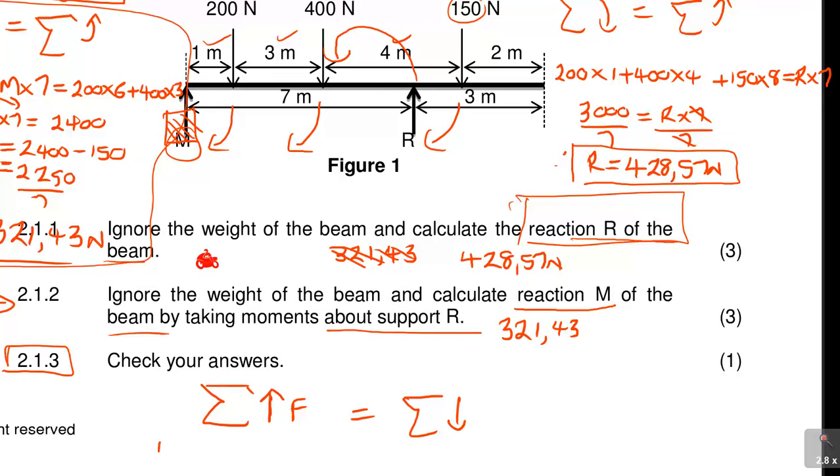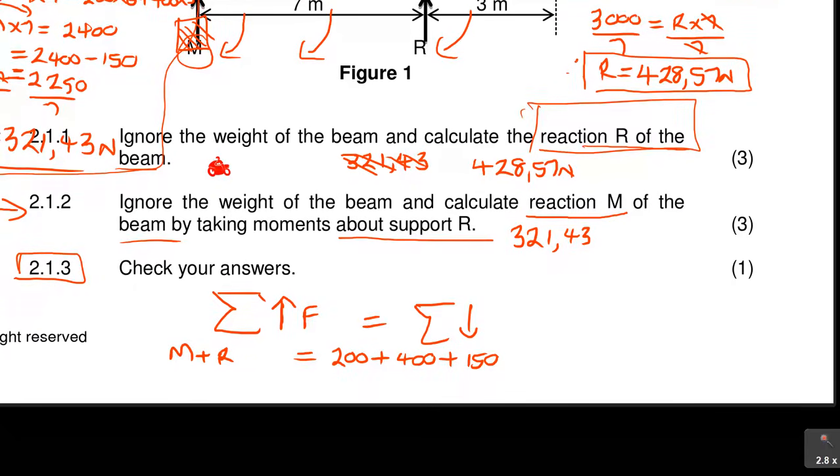So you say M plus R, these are the forces that are facing up, is equal to the forces that are facing down, which is 200 plus the 400 plus the 150. All these forces, as you can see, are facing down. So now what is M plus R though?